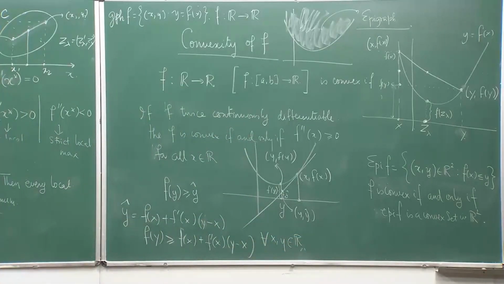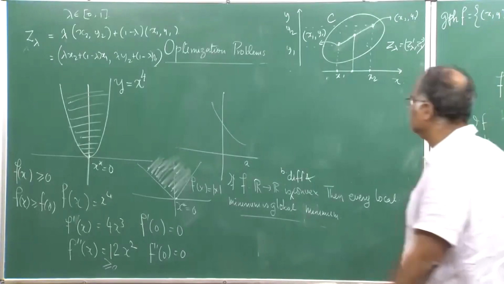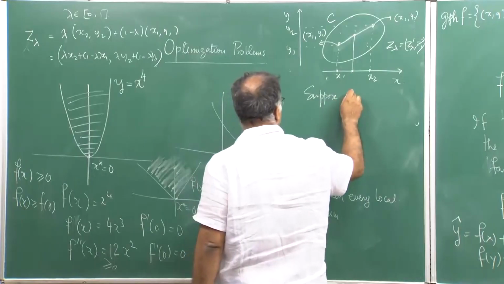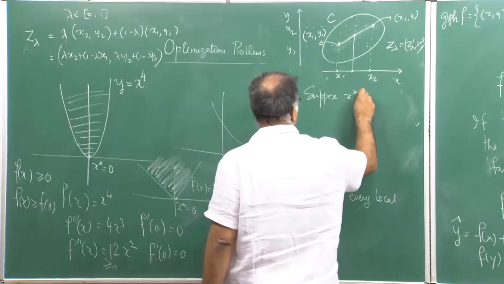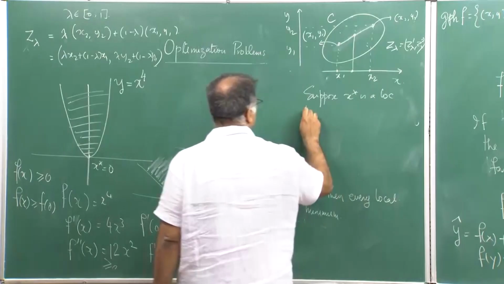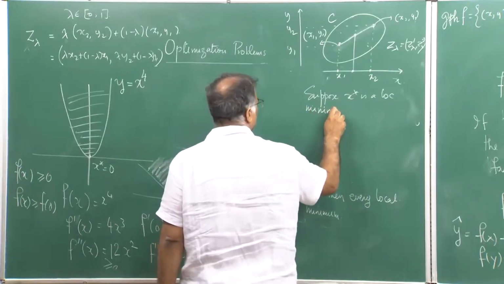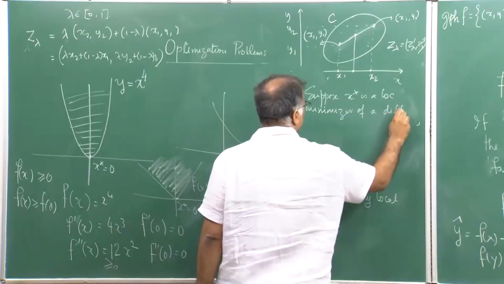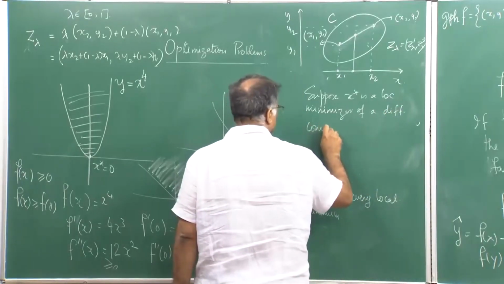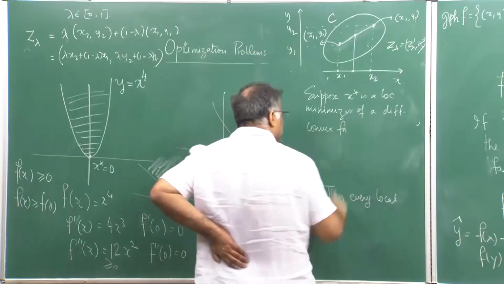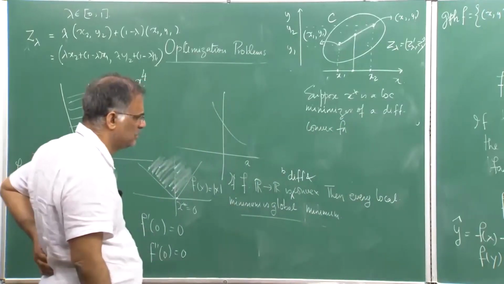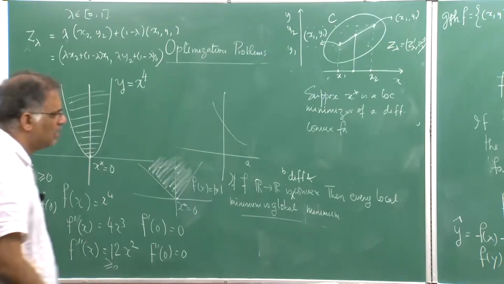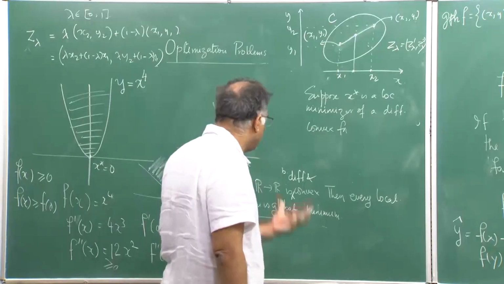Now, suppose there is a local minimizer. x star is a local minimizer of a differentiable convex function. Then how do I say that it is a global minimizer?